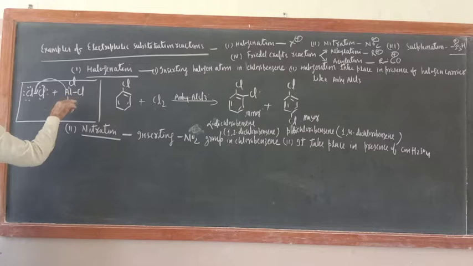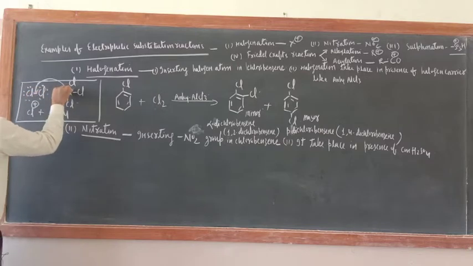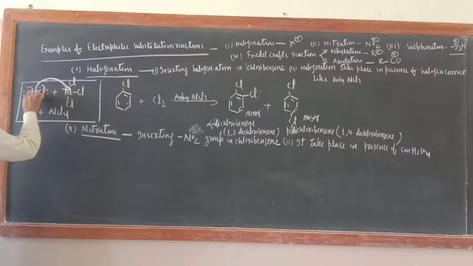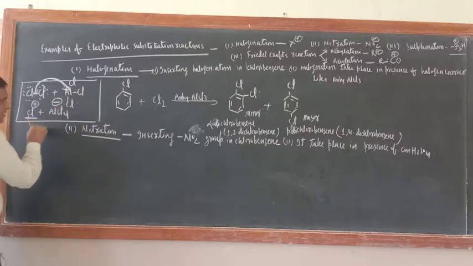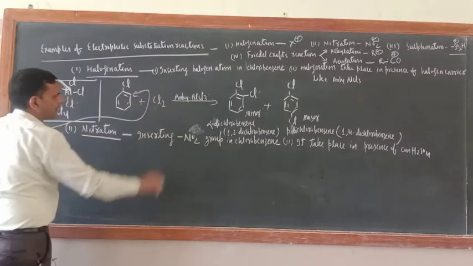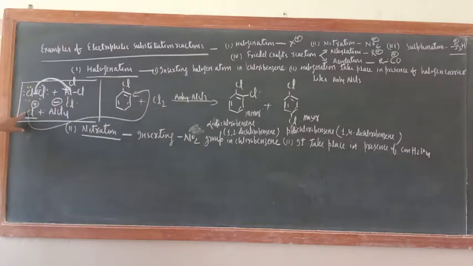Then there will be Cl positive plus AlCl4. The Cl will go with the aluminium along with its bond pair electrons, since the bond pair between Cl and Cl is present. So this is Cl positive, and this is AlCl4 negative. This Cl positive is what attacks here. So I have taught you the generation of the electrophile.